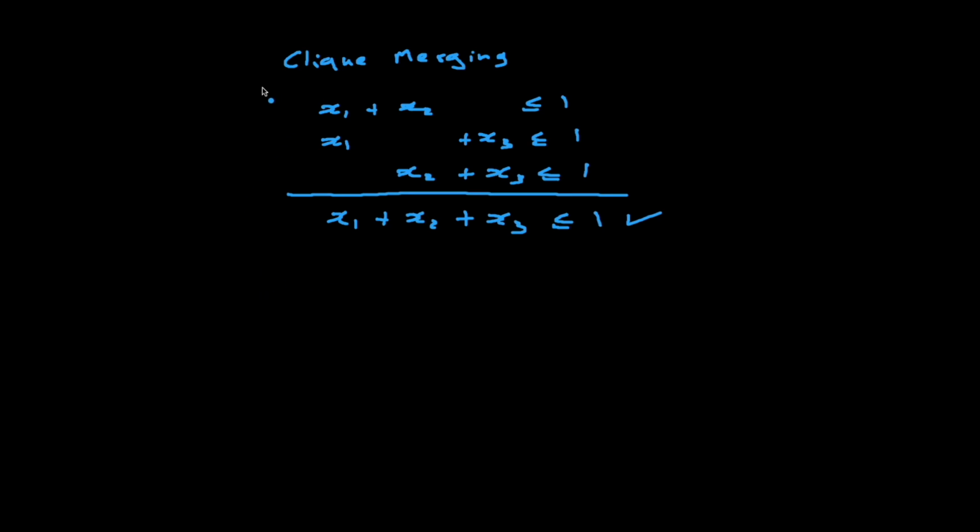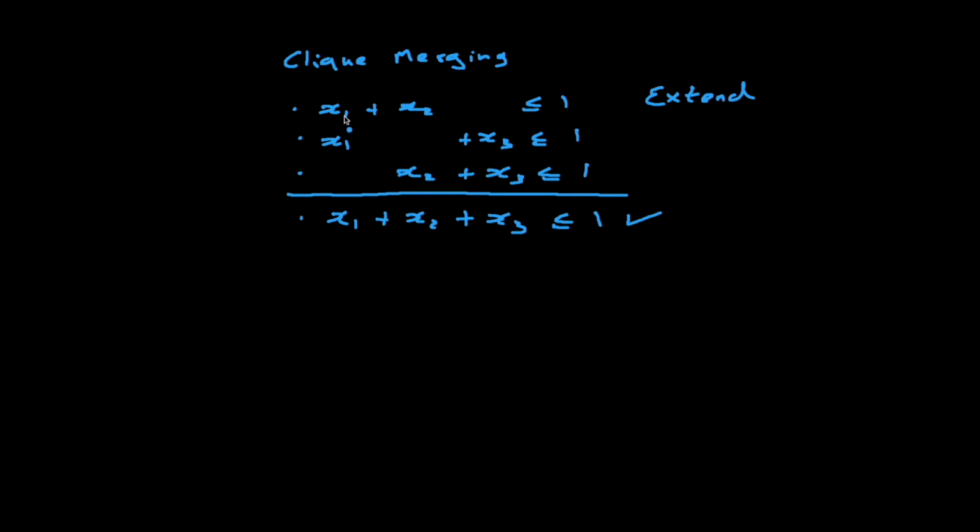It's simple clique merging. This idea is not new, but the implementation of clique merging is super interesting. It is very complex: how do we manage all these cliques, and how do we detect all these constraints and then come up with this kind of constraint? Basically here we extended this clique.